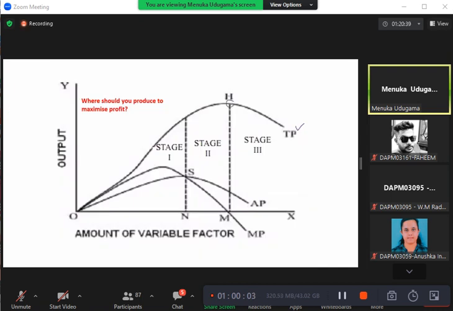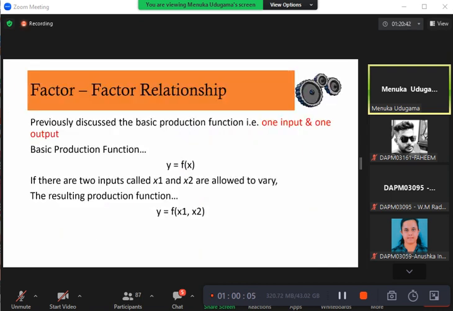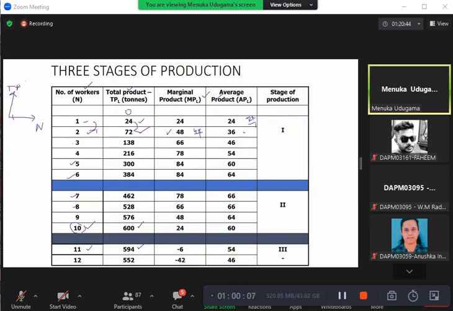Maximum marginal product and average product are the same. You can see average product reaches its maximum when you add the 8th worker, and then it goes down. Marginal product is also the same. It reaches its maximum at the 6th worker. Afterwards, it goes down here.